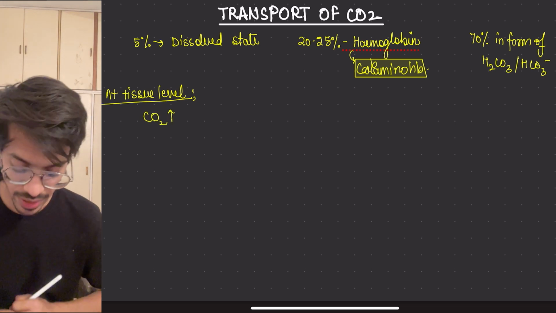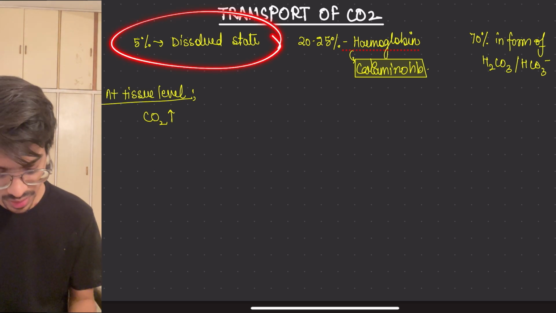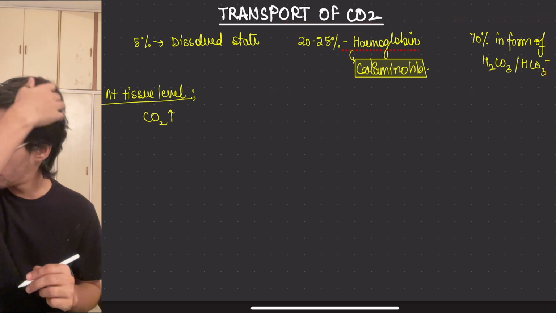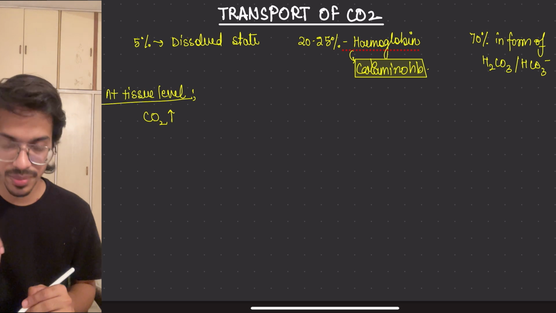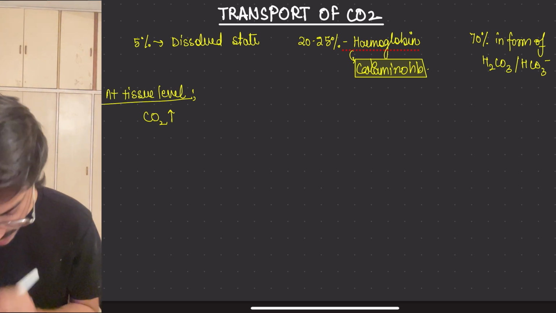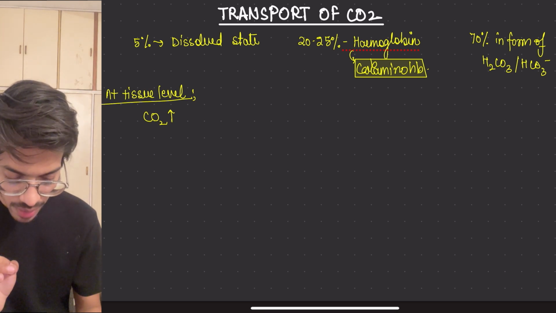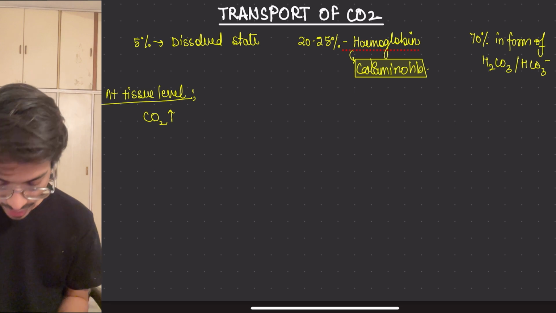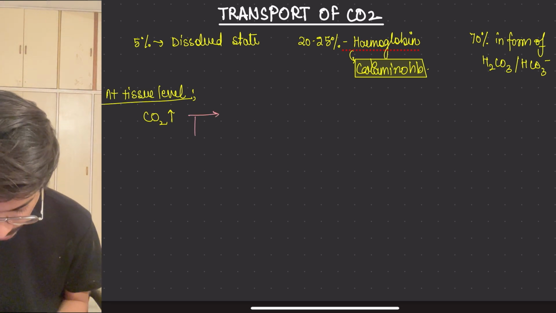We won't be dealing with the dissolved state, same as in oxygen, where we are not taking care of what is happening with 3%, we are more concerned about this. So at the tissue level, your carbon dioxide amount would be higher, and it will start binding in two different ways.